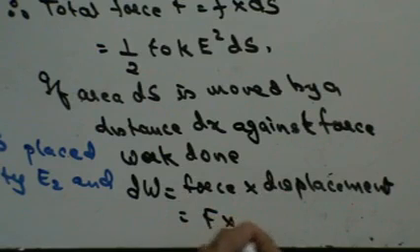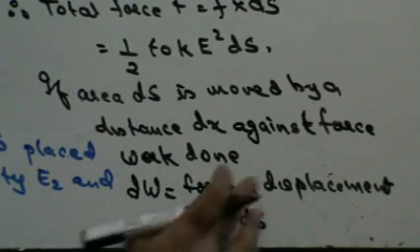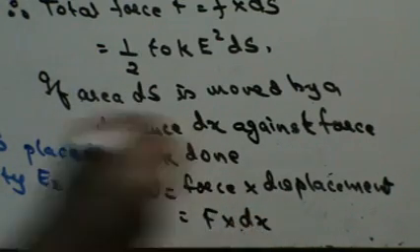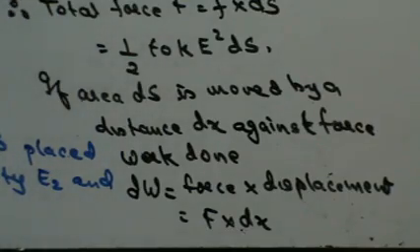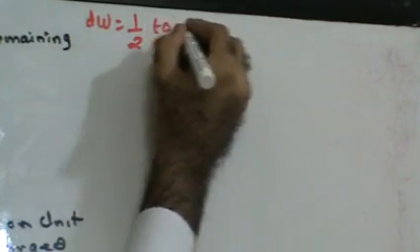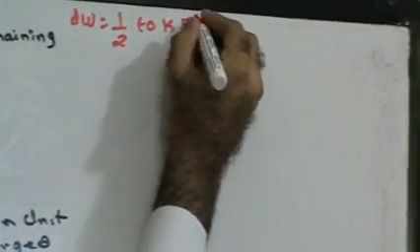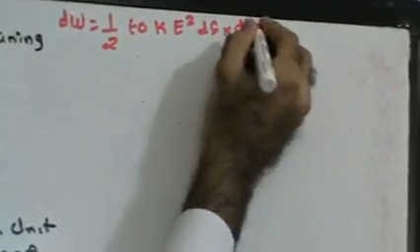Force is F, displacement is dx, right? We already know the value of F, we also know the value of dx. So therefore I can say that work done dW is equal to F, which can be written as half epsilon 0 k E square dS into dx, right?